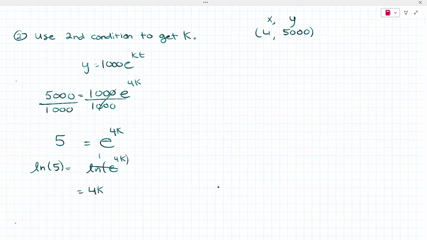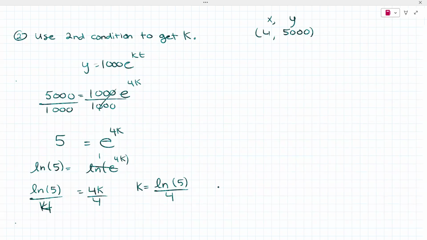Over here, let's just leave it as ln 5 and solve for k by dividing by 4, so k equals ln 5 over 4.